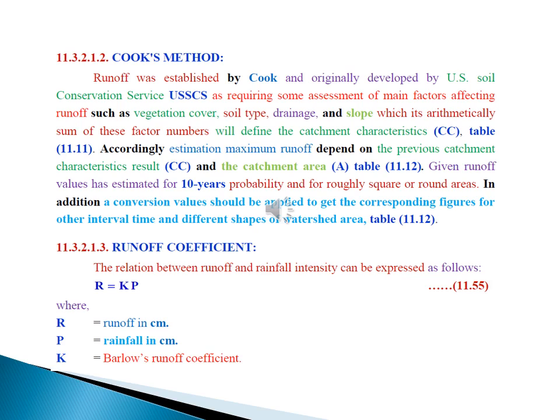Really, runoff was established by Koch and originally developed by the Soil Conservation Service, requiring some assessment of main factors affecting runoff, such as vegetation cover, soil type, drainage, and slope, which is the arithmetic sum of these factors, as shown in the enclosed table. Moreover, the runoff coefficient is the relation between runoff and rainfall intensity and can be expressed as shown in the enclosed equation.